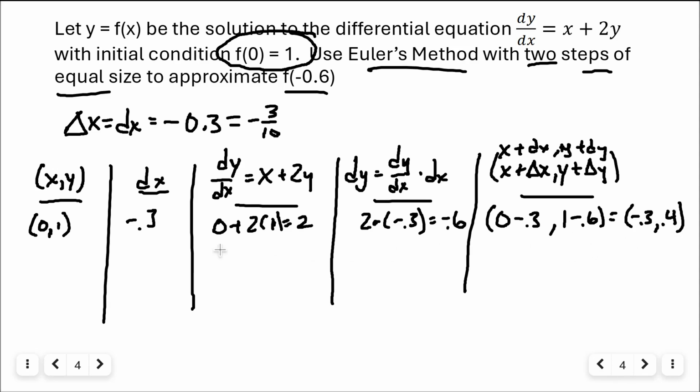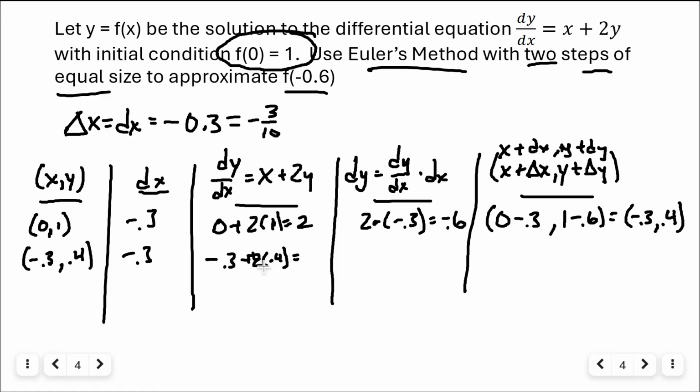All right. So now I'm going to try again with (negative 0.3, 0.4). dx is again negative 0.3. That will reach me to negative 0.6, where I want to end up. And then dy/dx is going to be x plus 2y. So that's going to be negative 0.3 plus 2 times 0.4.